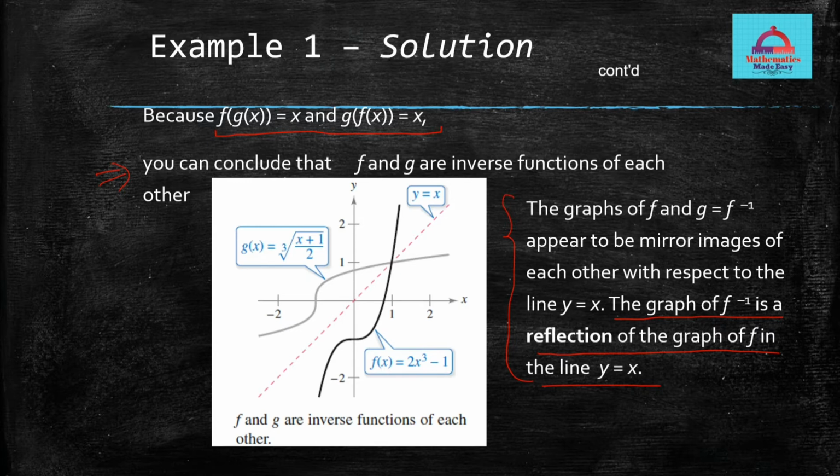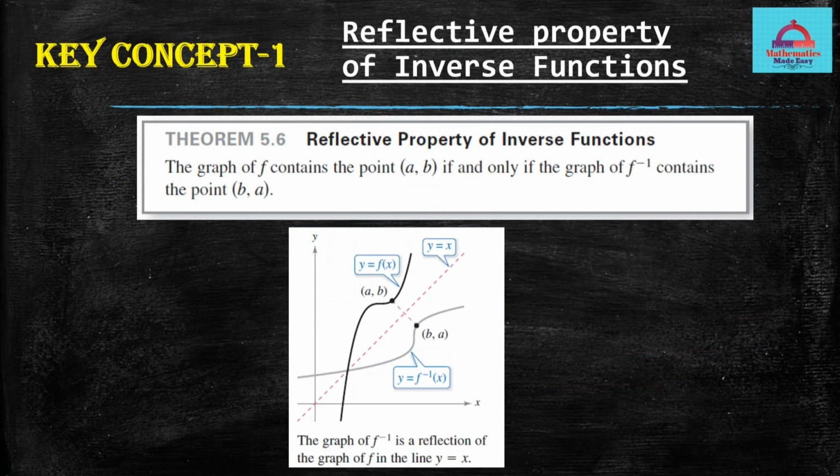So this is a very, very important observation that would lead you to an important property talking about the inverse of a given function. That brings us to the last question to the key concept 1, which is called the reflective property of inverse functions. So let me summarize this property for you.